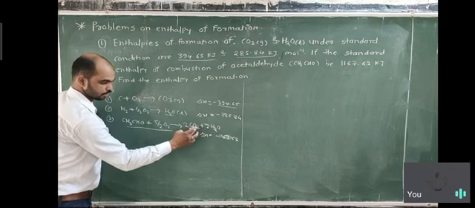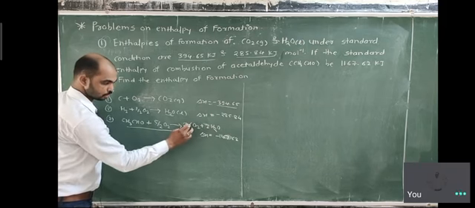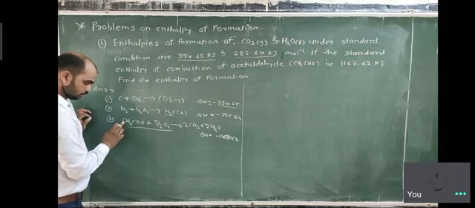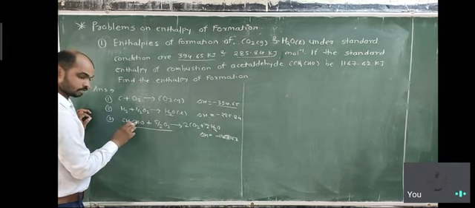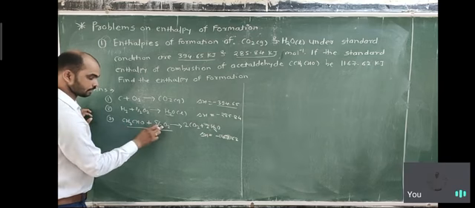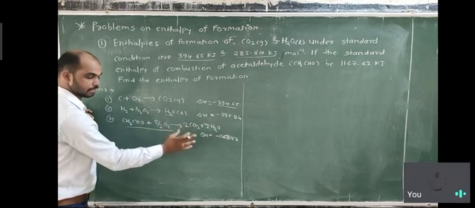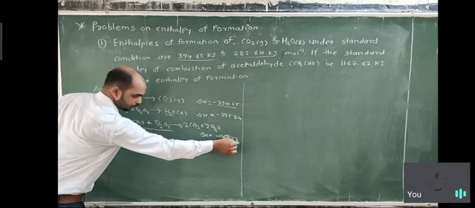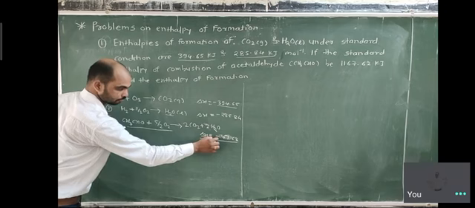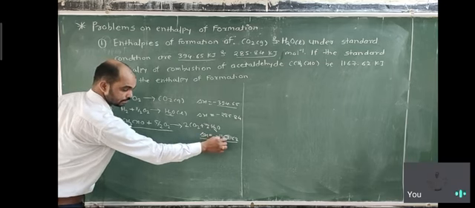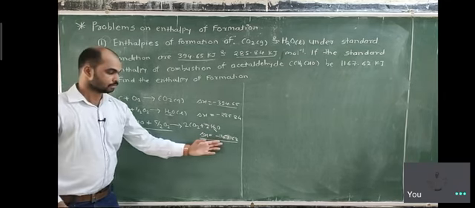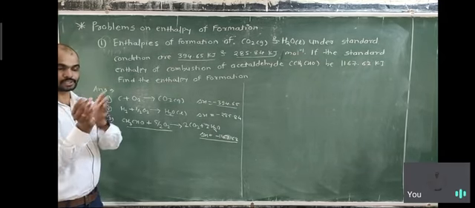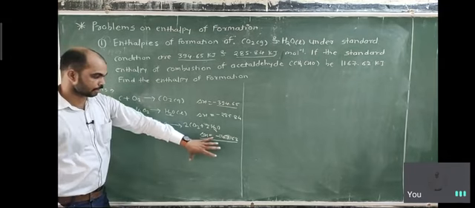Here we have 2 carbons, 4 hydrogens, 1 oxygen and these 5 oxygens, total 6 oxygens. The reaction is balanced, and if this combustion happens, the total heat of combustion is minus 1167.62. So heat of formation is directly related to the heat of combustion.